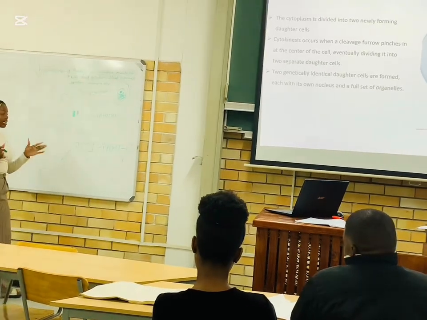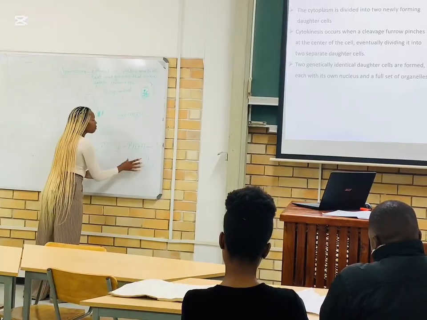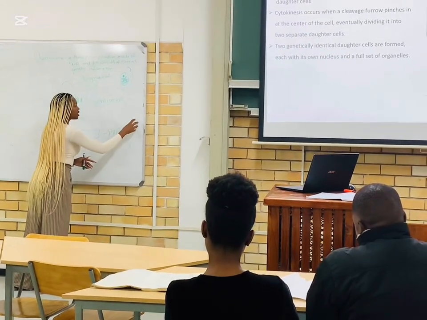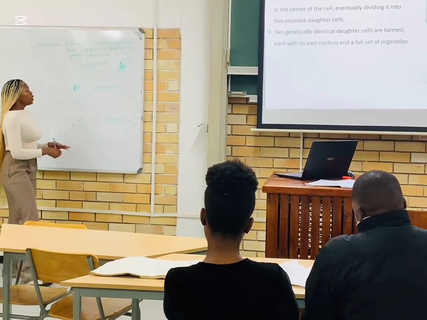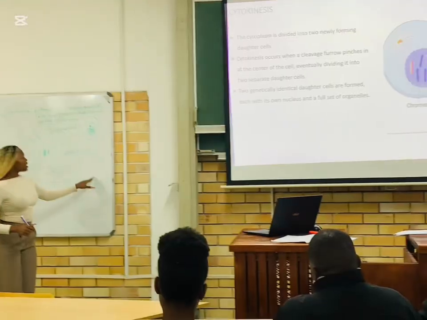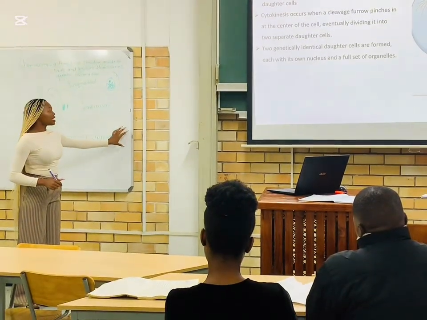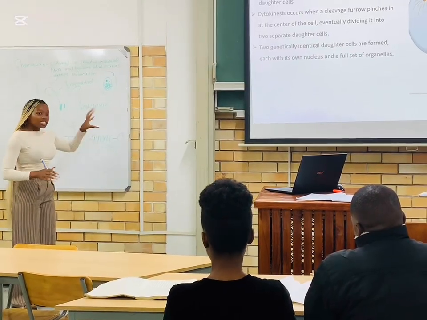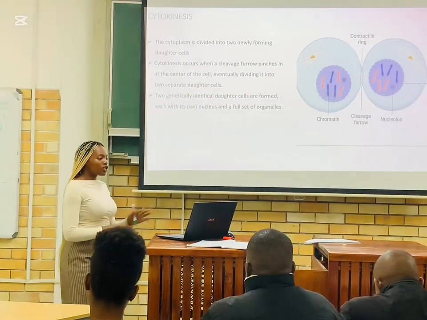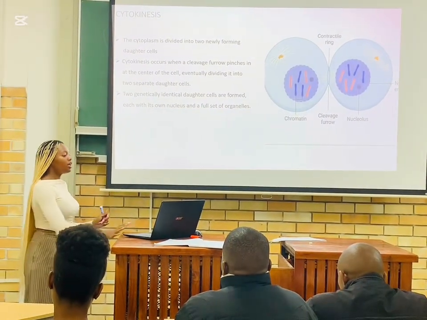So a cell cycle has about 3 stages, right? Which is the interphase, the cell division, which is mitosis, and the last stage, which is cytokinesis. So as you can see, telophase is the last stage of mitosis, and cytokinesis is the last stage of the cell cycle. So to answer your question, cytokinesis is not part of the telophase. I hope this answers your question.